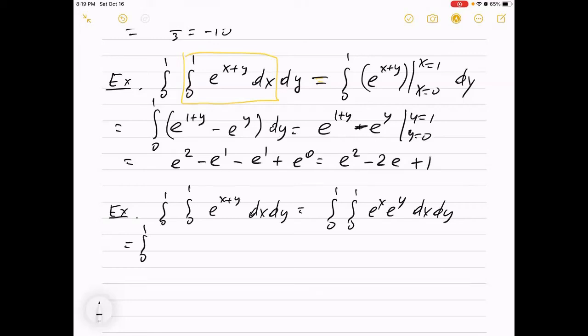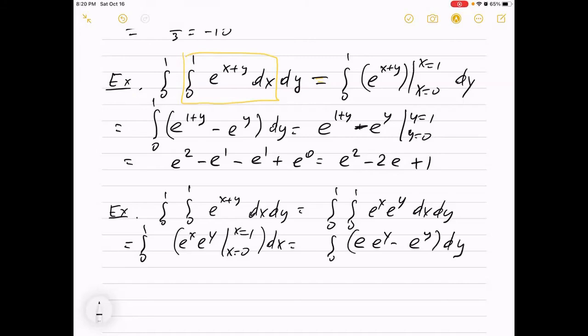The antiderivative with respect to x is e to x, and e to y with respect to x is a constant, where x is changing from 0 to 1, dx. Substituting 1, we get e times e to y, and substituting 0, we get e to 0, which is 1, so minus 1 times e to y, dy, integral 0 to 1.